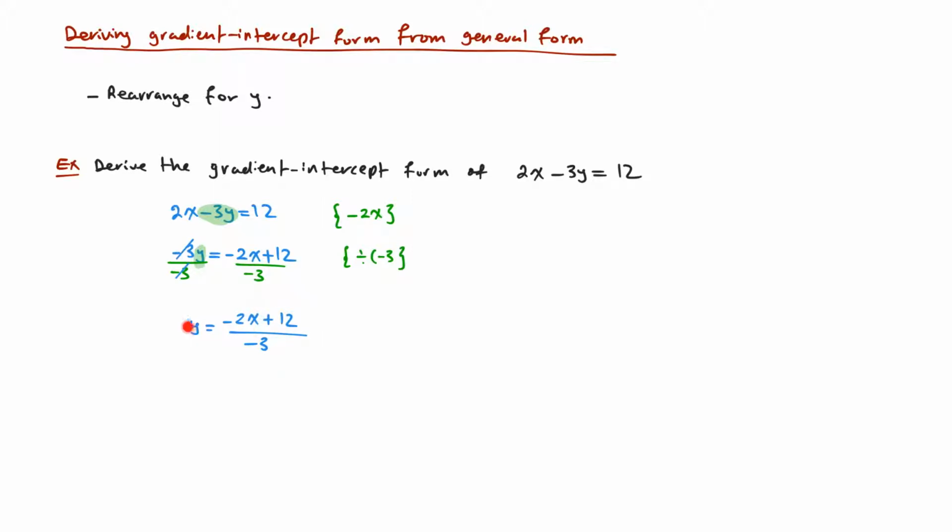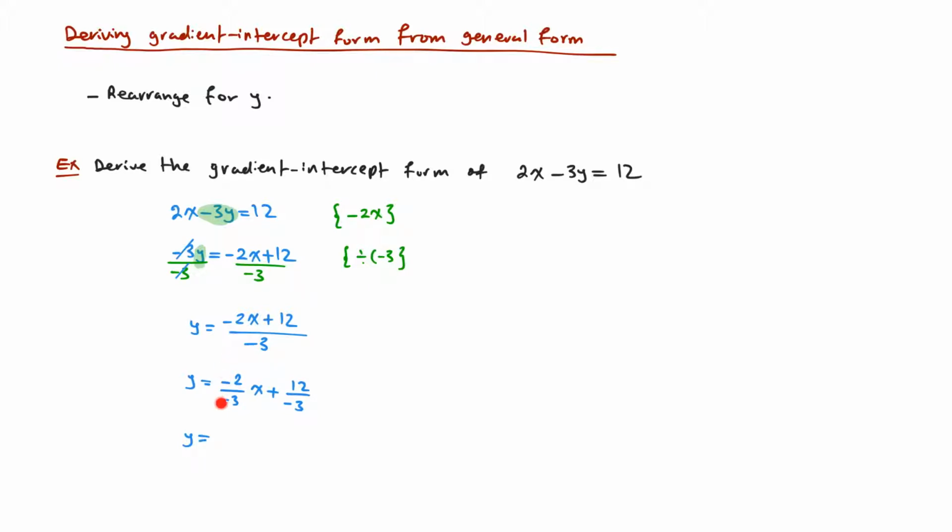Now, we can see that we have isolated for y over here, but it's still not nicely written in terms of mx plus b. So we do need to separate this. So we know that this means it's negative 2x divided by negative 3 plus 12 divided by negative 3. So I will change the form to negative 2 over negative 3x plus 12 divided by negative 3, and write this in the simplest form.